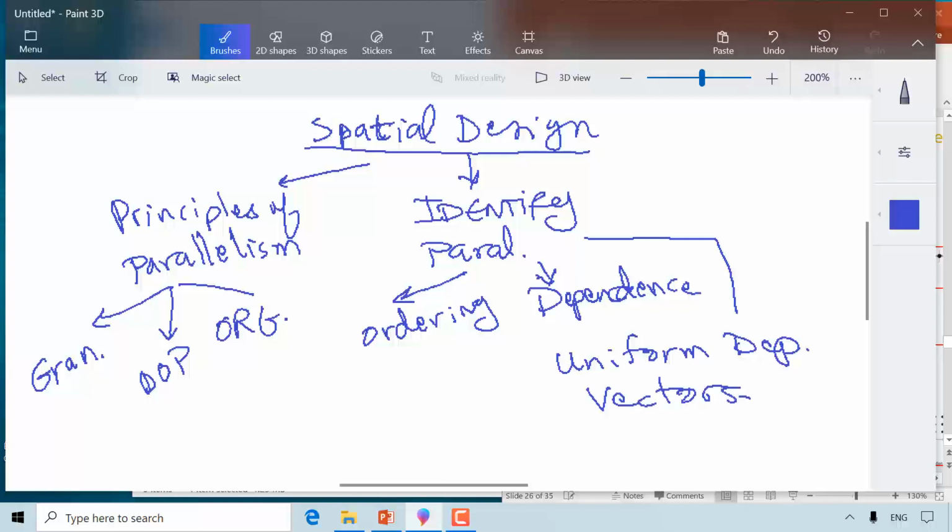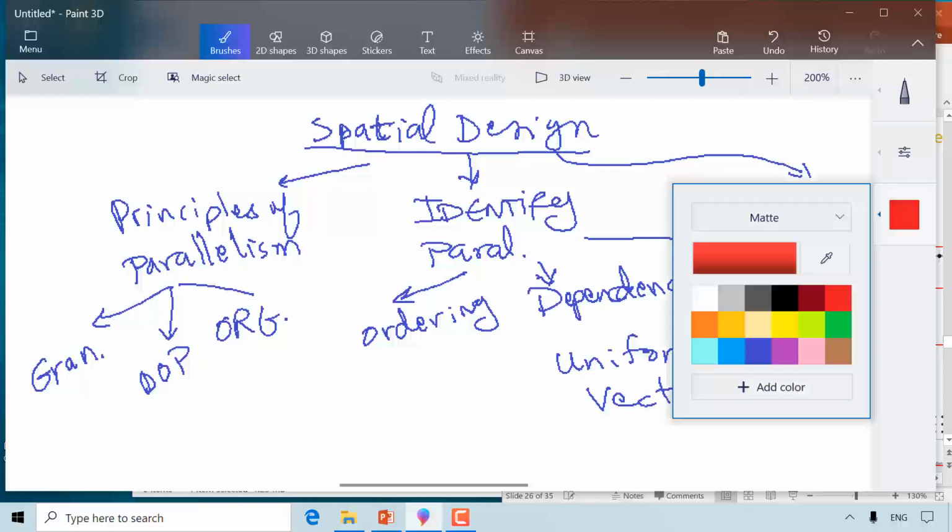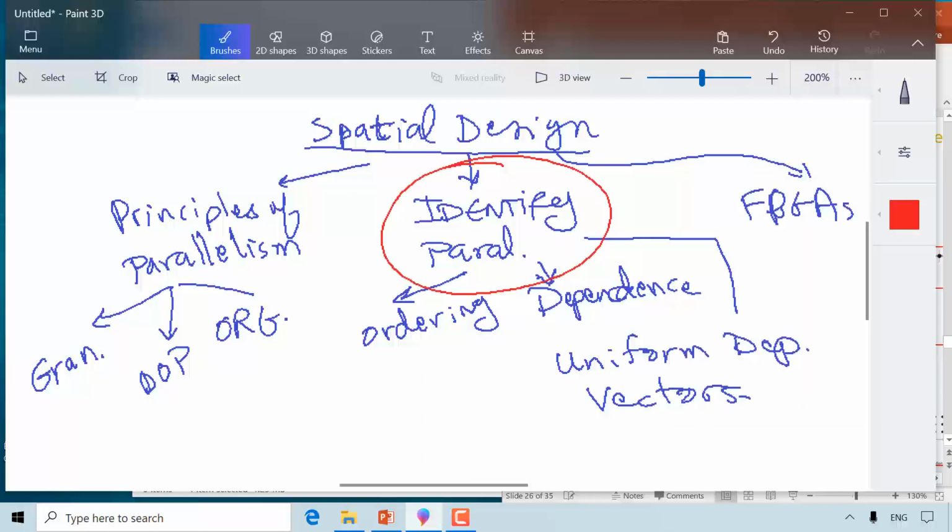The third topic, which we'll do in a later chapter, is parallelism with FPGAs. Okay, so our main topic is identifying parallelism, which is the topic of this lecture. This is to tie the pieces together with those various parts of chapter 5.